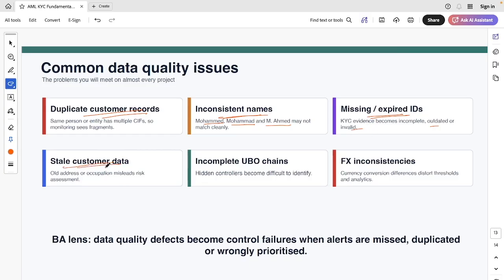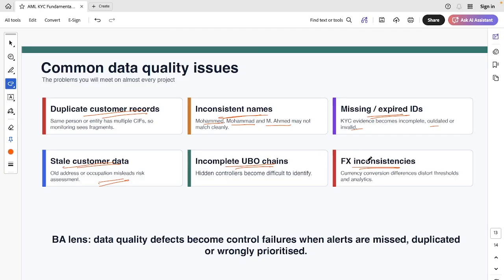Fourth is stale customer data. Old address, old occupation, old income or outdated business activity can mislead risk assessment. That's why banks need to keep updating the customer information from time to time. Fifth is incomplete ultimate beneficial owner chain. For companies, hidden ownership is a major risk. If the bank cannot identify the ultimate beneficial owner, the true controller may remain hidden. Sixth is foreign exchange inconsistency.